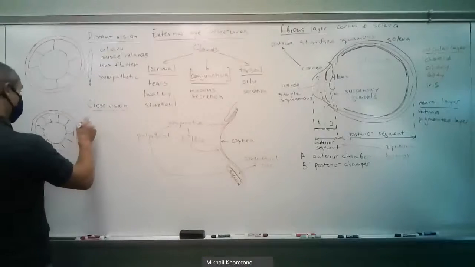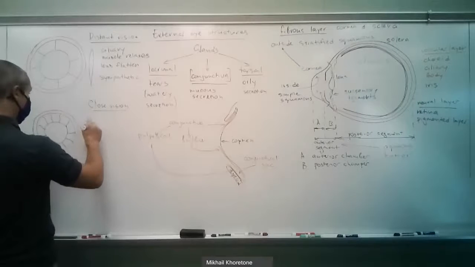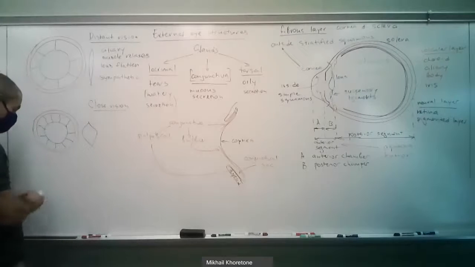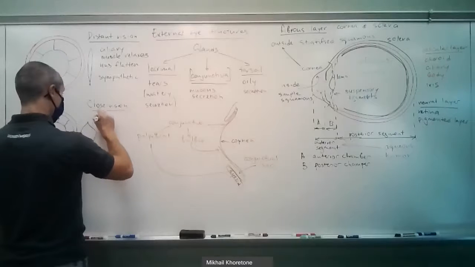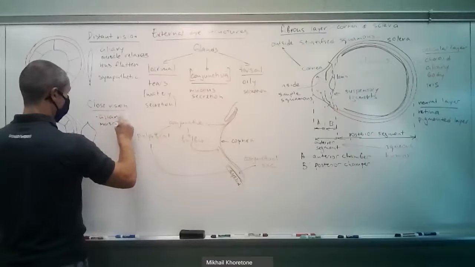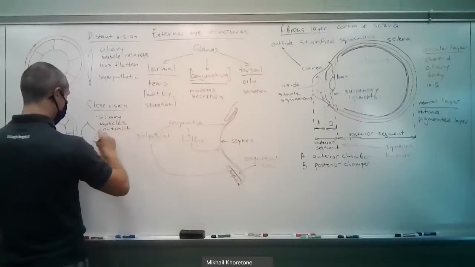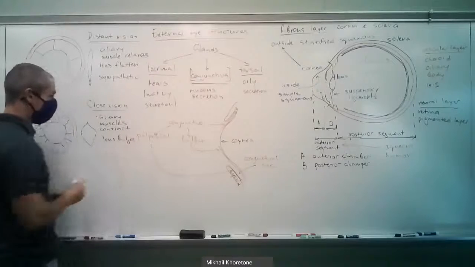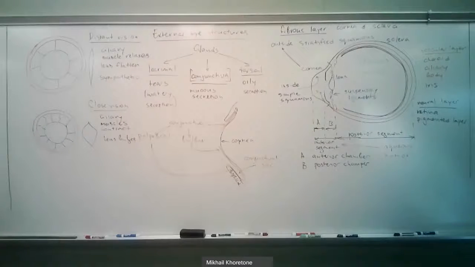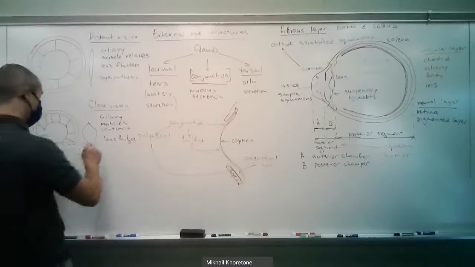You see they're relaxed now, and bulging of the lens. So when the ciliary muscle contracts, the lens bulges. And that is under parasympathetic control.